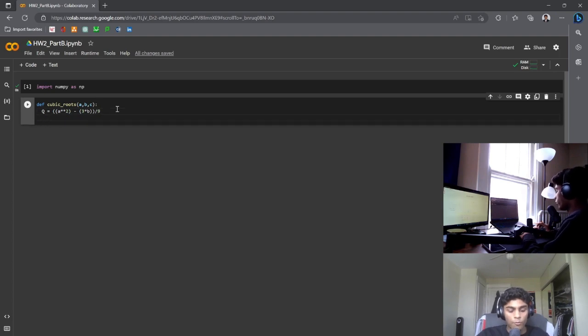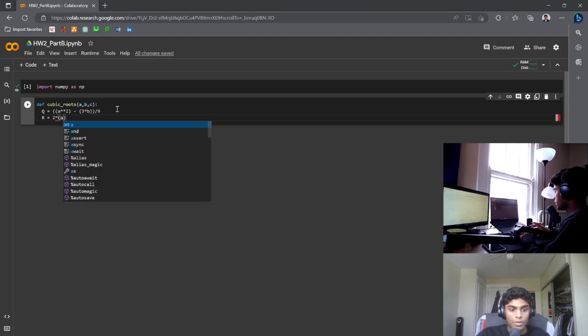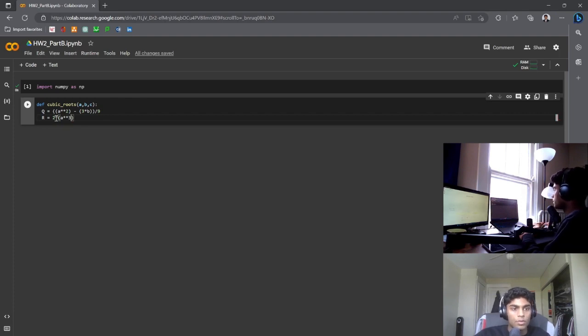That's our Q. For our R, we're going to do 2 times A cubed minus 9 times A times B plus 27 times C, and that should all be over 54.